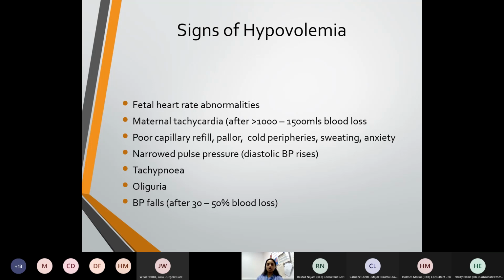Diastolic blood pressure usually goes up sooner. The mother can be tachypneic, oliguric, and the blood pressure falls. As I said, blood pressure falling would be extremely late. So you might see that the diastolic blood pressure goes up and the pulse pressure narrows before the blood pressure drops. That is almost when the mother has lost half the volume of blood. That's when you will start to see that.